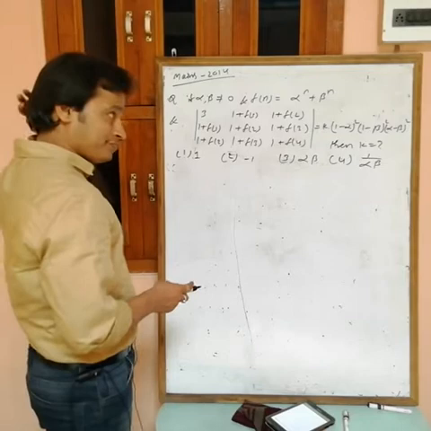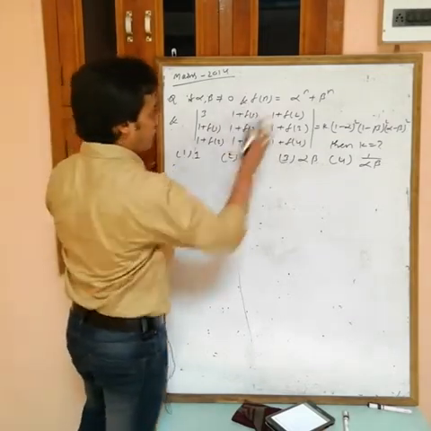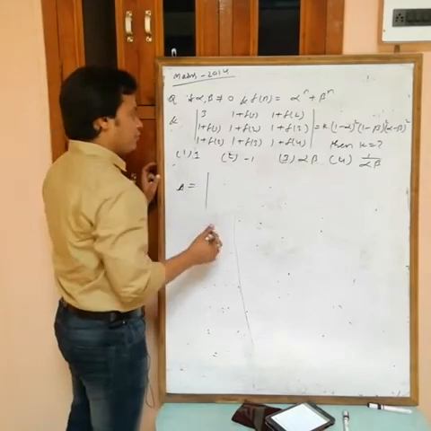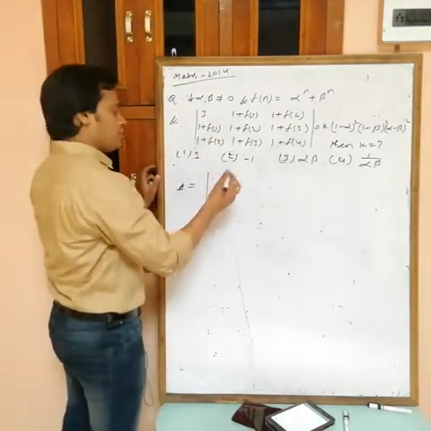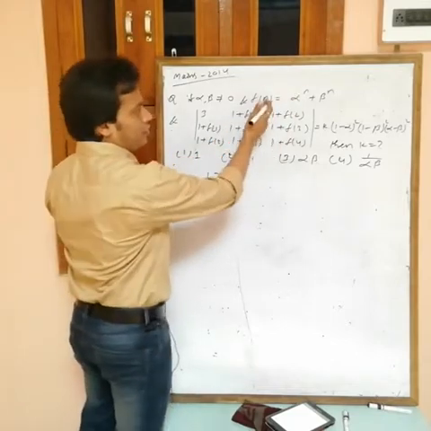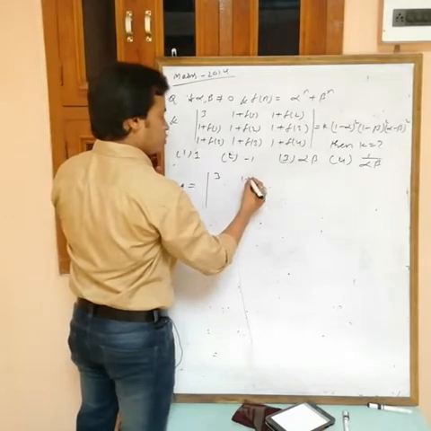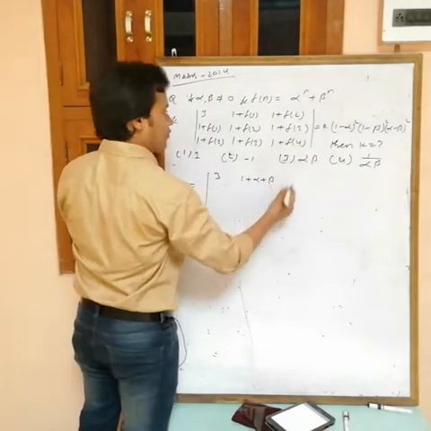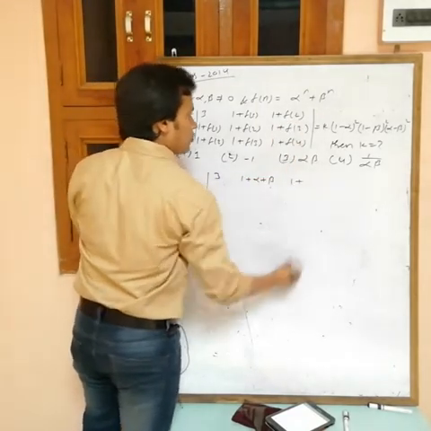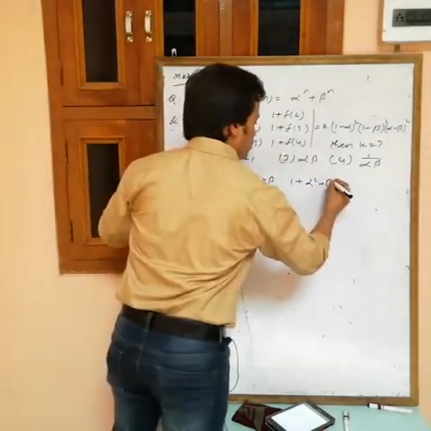Okay, now see, put the values. The determinant is given, so I am finding the value of delta. Now I will just put the values: 3 as it is, 1 plus f1, f1 with n as 1 is alpha power 1 plus beta power 1, so this one is 1 plus alpha plus beta. 1 plus f2, f2 with n as 2 is alpha square plus beta square.